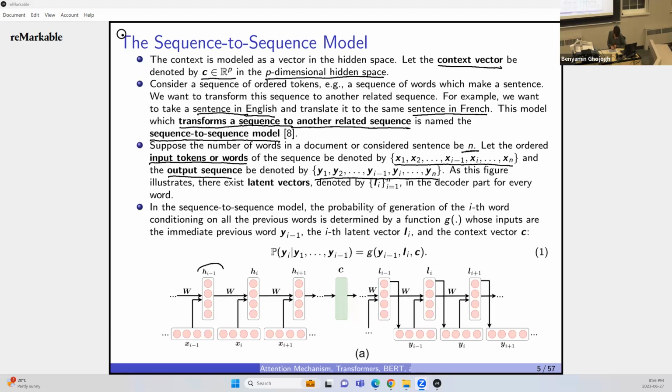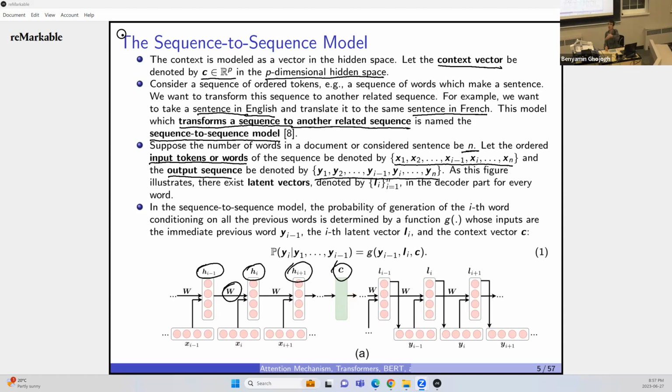Here, every hidden state is fed to the next hidden state by the weight matrix W. This is exactly what we had in RNN, right? Do you remember? And if we see it in an autoencoder model as a sequence to sequence model, the last hidden state of the encoder gives me the context vector. Do you agree?